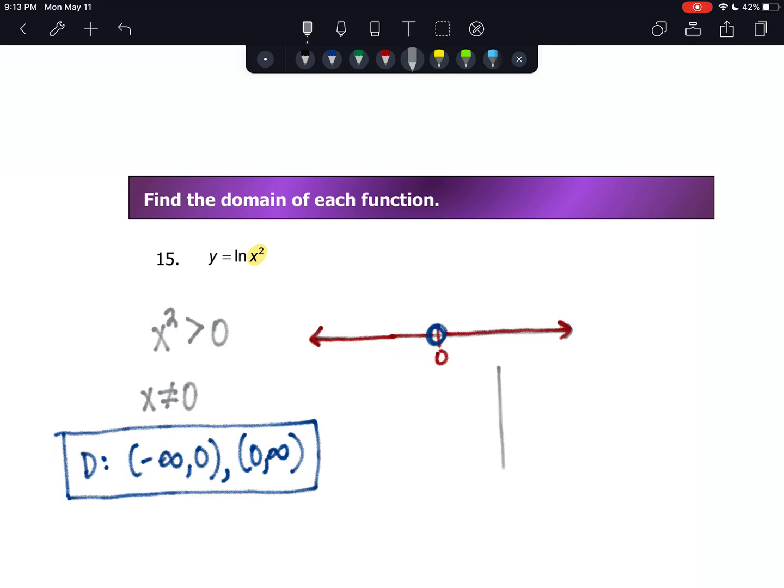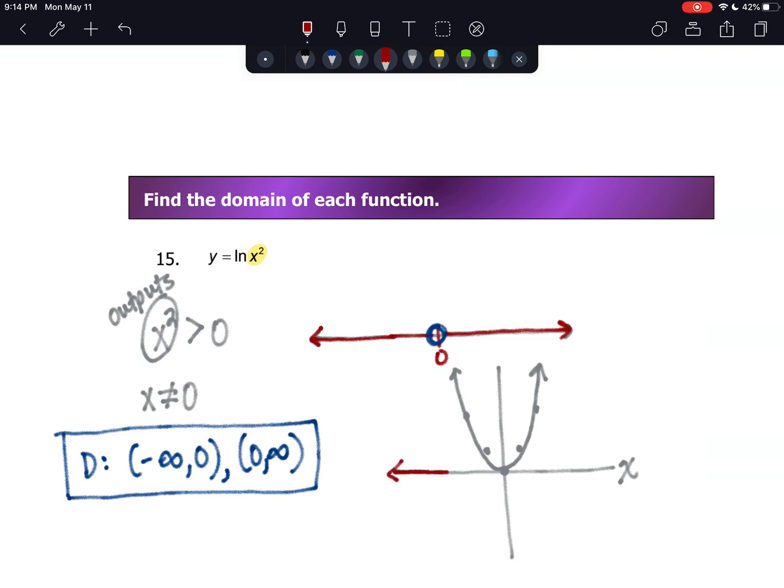We can also think of x squared as being the beautiful graph that it is. It's a parent function, right? And when will this graph give me outputs? What values of x give me outputs, right? So what outputs are going to be greater than 0? Well, what do I put in for x?